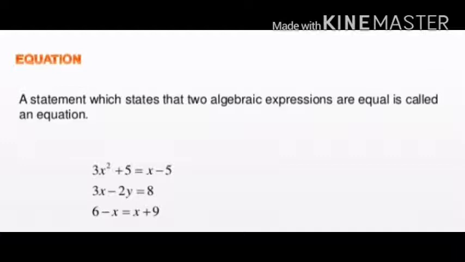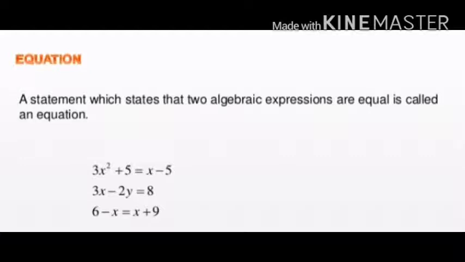Now let us see an example. A statement which states that two algebraic expressions are equal is called an equation. The equations may be 3x square plus 5 is equal to x minus 5, 3x minus 2y is equal to 8, 6 minus x is equal to x plus 9.